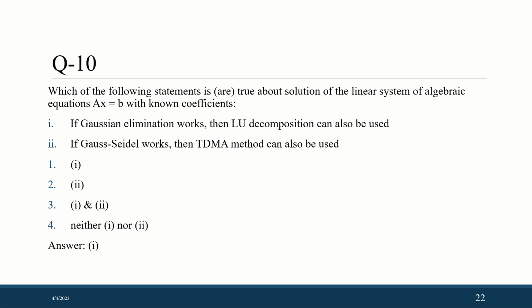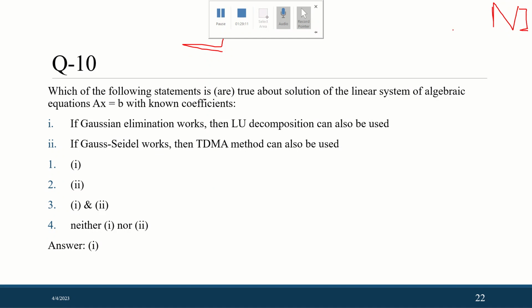Now we'll move on to the last question for today's session. Which of the following statements is true about the solution of a system of linear algebraic equations Ax equals b with known coefficients? We have two kinds of methods, iterative and non-iterative.